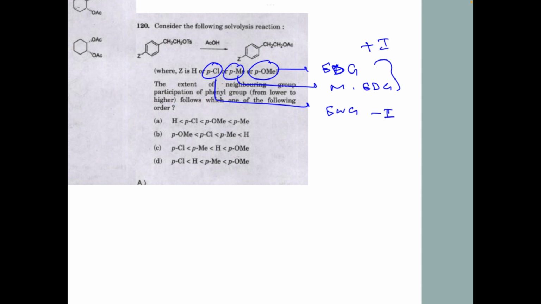So I am writing the order. Paramethoxy will have higher rate due to the electron donating group present in the molecule. Second, the paramethyl will have lower than the paramethoxy. Third, I am putting hydrogen. Fourth, I am putting chlorine. So the correct answer is D.